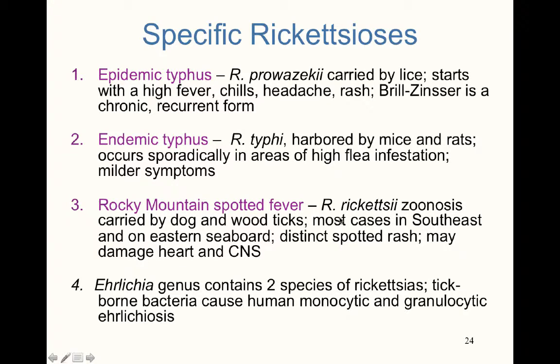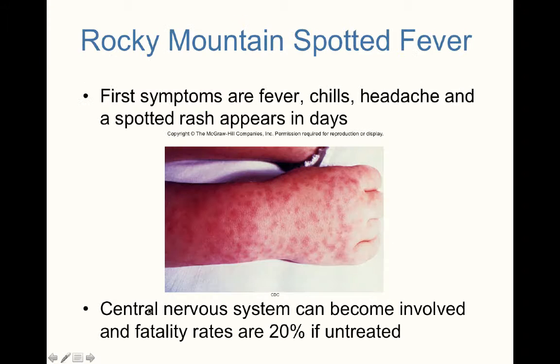And then Rickettsia rickettsii, causative agent of Rocky Mountain spotted fever. This is characterized by a distinct spotted rash, and this pathogen may progress as far as the pathology to damage the heart and the CNS. Also, a related genus, Ehrlichia, contains 2 species of rickettsias, and these are transmitted via the tick.